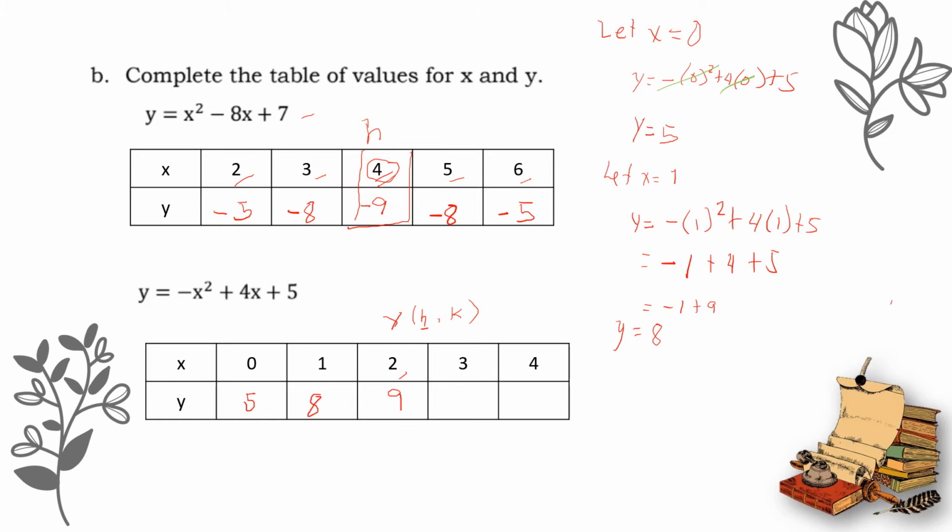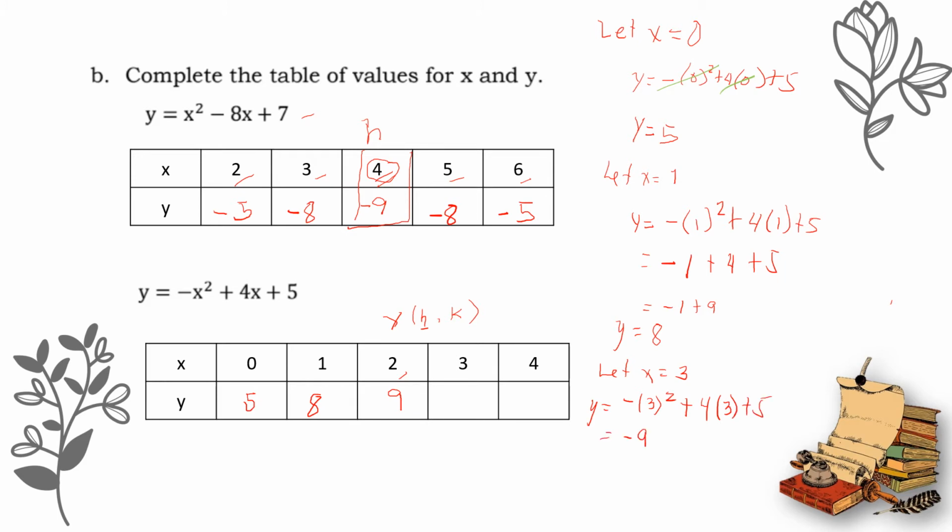Tingnan naman natin kapag ang x natin ay 3. Kapag ang x po natin ay 3, so let x is equal to 3. So, substitute, palitan lahat. So, y now is equal to negative 3 squared plus 4 times 3 plus 5.